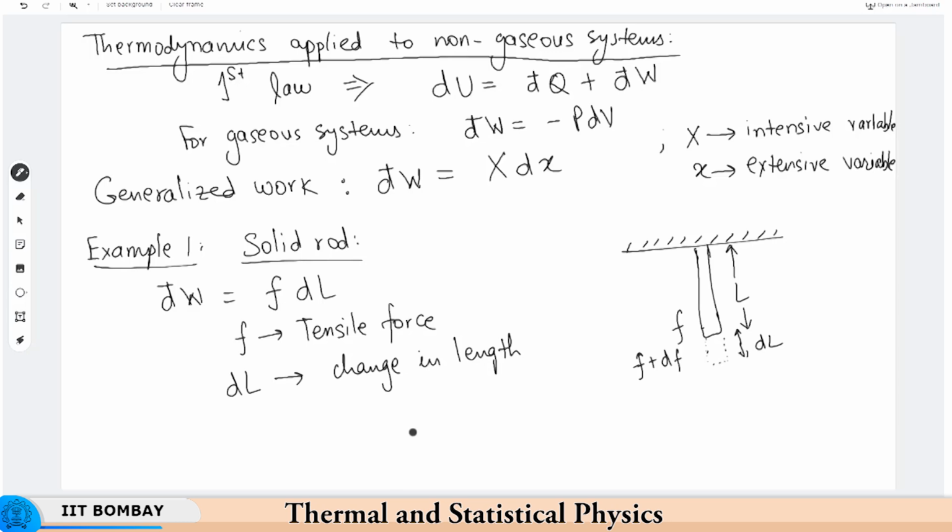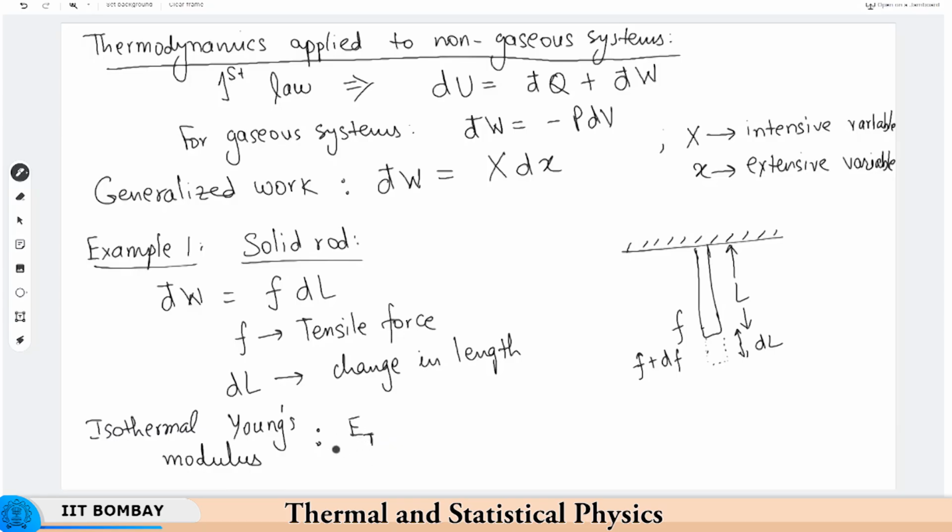And there is a very useful quantity which we define as an isothermal Young's modulus. Usually, when we are dealing with rigid rods, there is a material property which we define as the isothermal Young's modulus, denoted by the symbol Et.